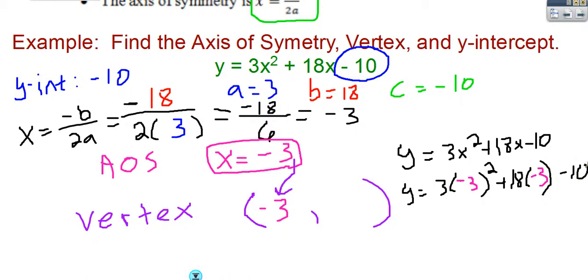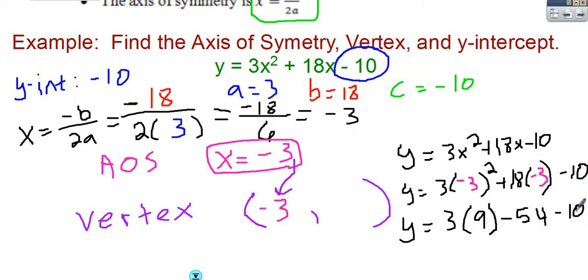Then we need to go through and simplify. So y equals 3 times negative 3 squared is a positive 9, because negative 3 times negative 3 is 9. 18 times negative 3 is minus 54. And we subtract 10 at the end.